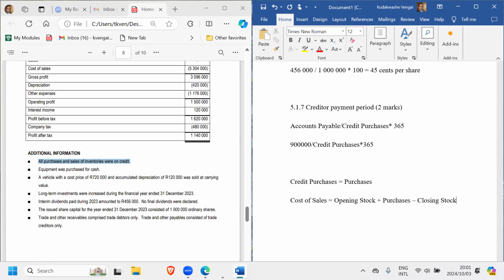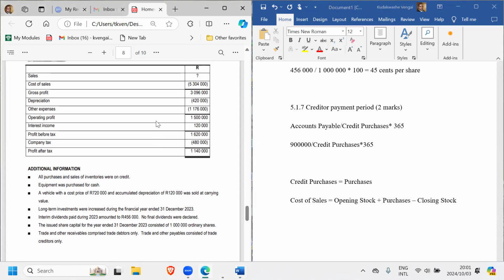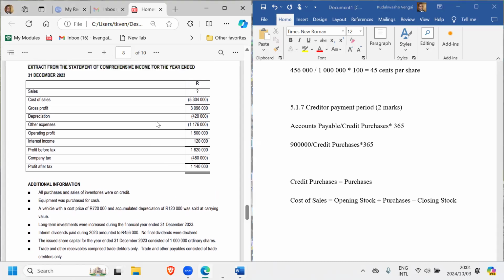We said plus carriage on purchases, minus returns on purchases, and all of those sort of things that we talked about. But in this particular case, they are not there, so I'm going to remove all of them. I don't need to worry about them. These are the only things that are in this question. So cost of sales is equal to opening stock plus purchases minus closing stock.